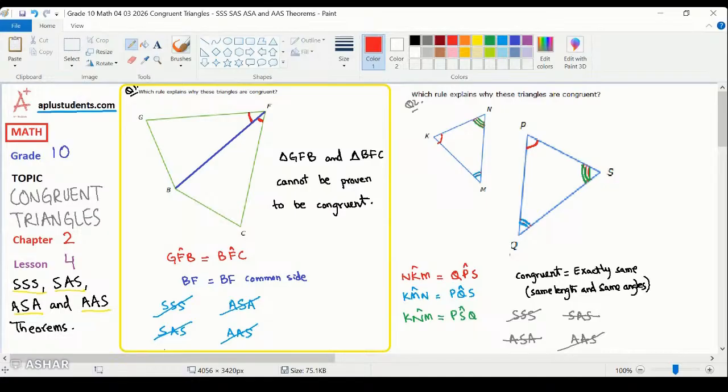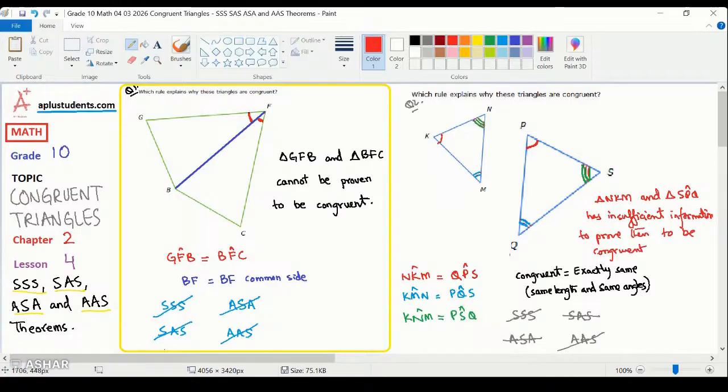So for this particular question, we can say triangle NKM and triangle SPQ have insufficient information to prove them to be congruent.